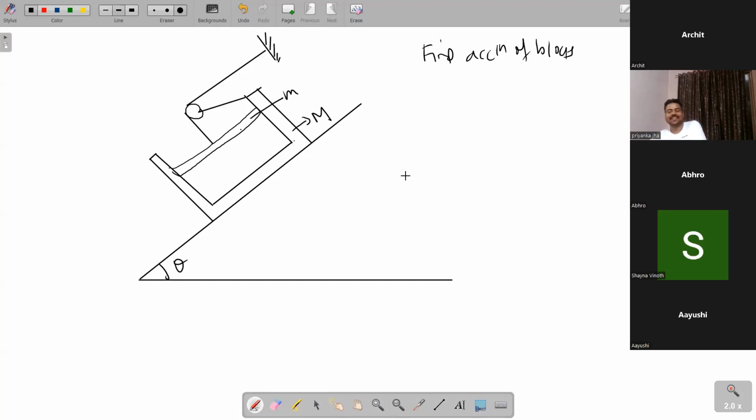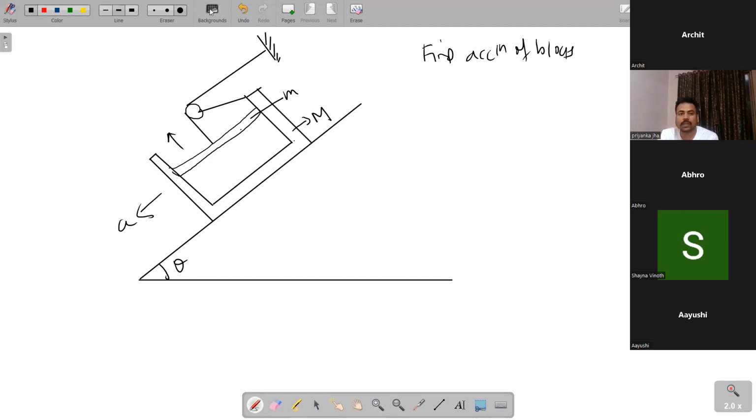Okay, I'll explain. See, suppose this block will not move, then this piston will move up and down. This block will have a tendency to slide down, and the piston will move like this.